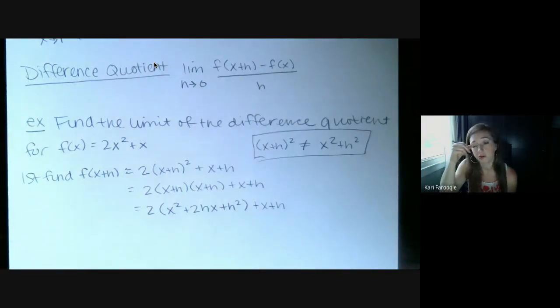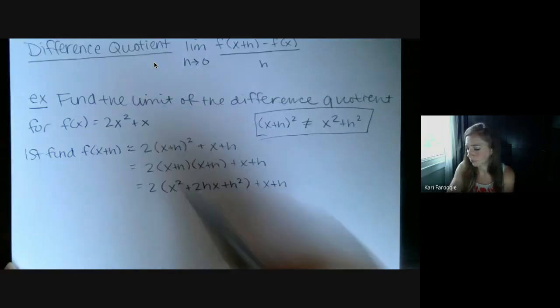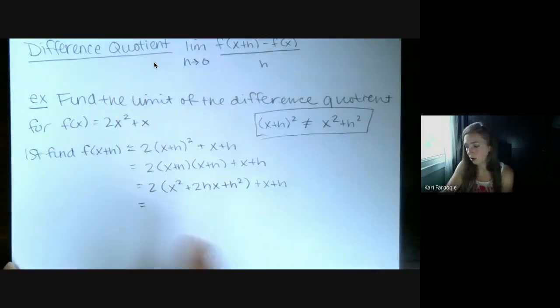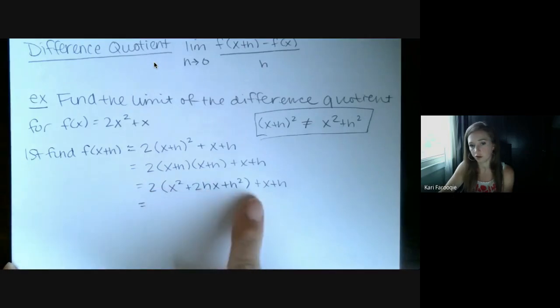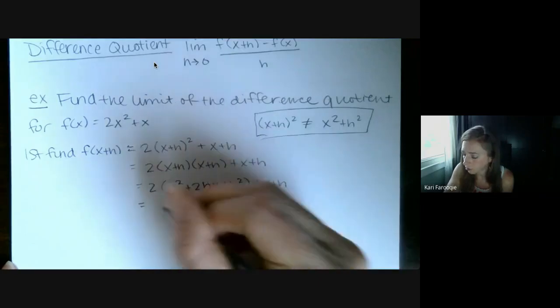All right, questions so far? So we will be doing quite a bit of this, by the way, in chapter 2. So get used to it. All right, we're going to simplify this further by distributing the 2 into the parentheses, and then in the next step, we'll combine like terms.